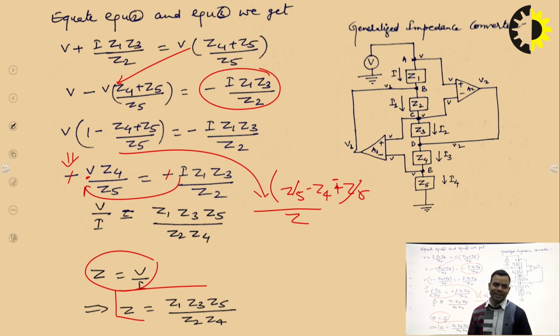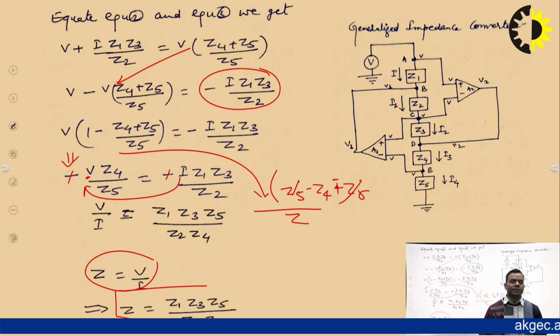You can remember this expression Z is equal to Z1 Z3 Z5, that means odd impedances towards numerator side, and if you observe the denominator impedances Z2 and Z4, these are even impedances.